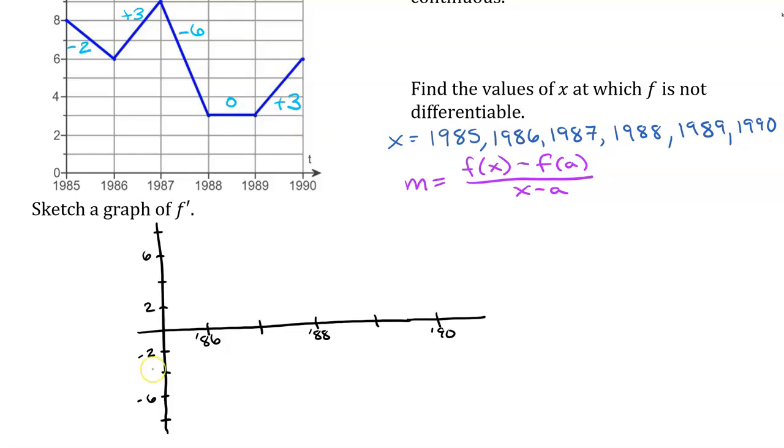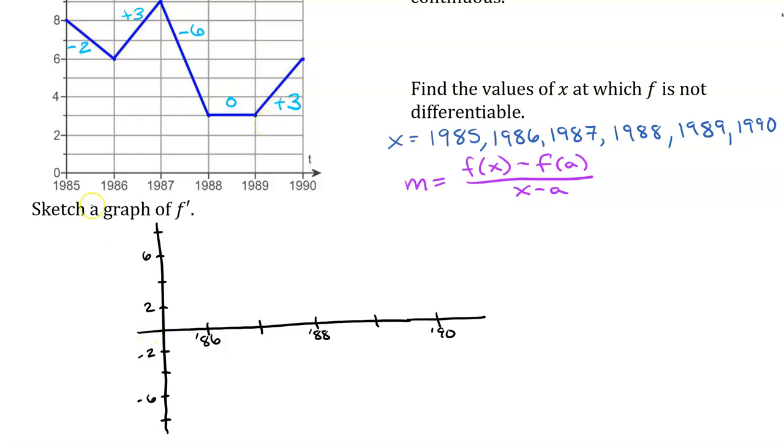So very quickly, I did an axis here. Now I do need to go into my negative numbers because since I'm sketching the slope, I'm going to have to do so. Now, we were not differentiable at the points, so we would have open circles where we are not differentiable.